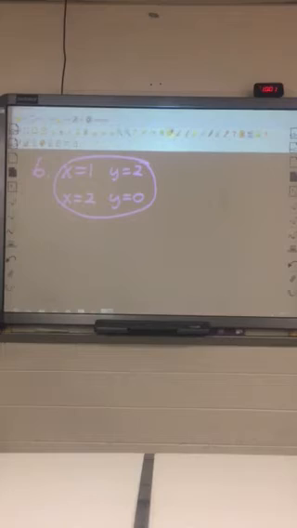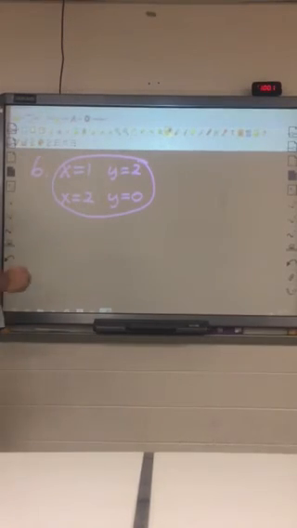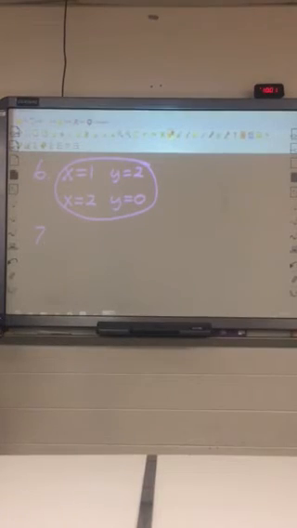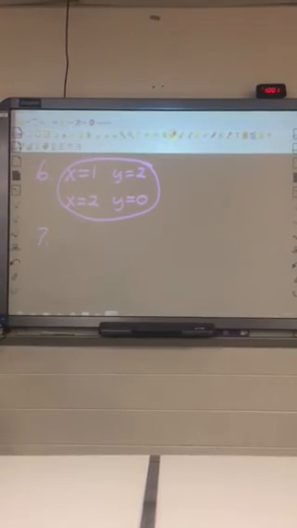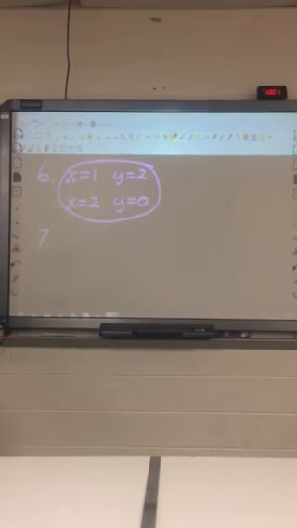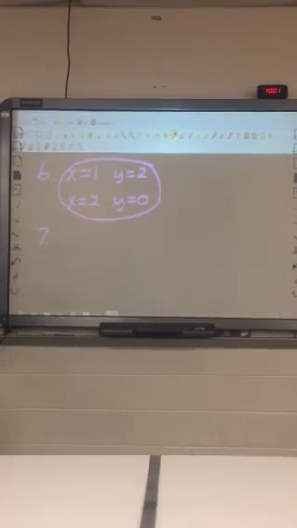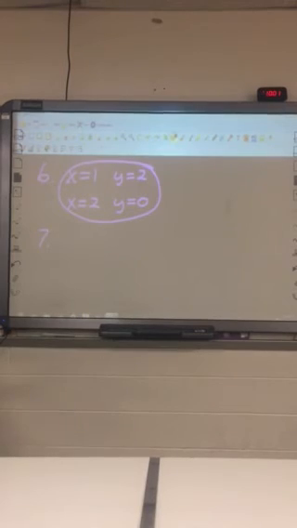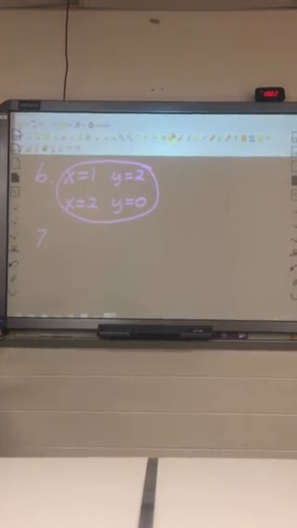Number 7. This particular person runs 2 miles the first day. She wants to run 1/4 of a mile farther each day. What type of graph would this look like? Are her miles growing very quickly?